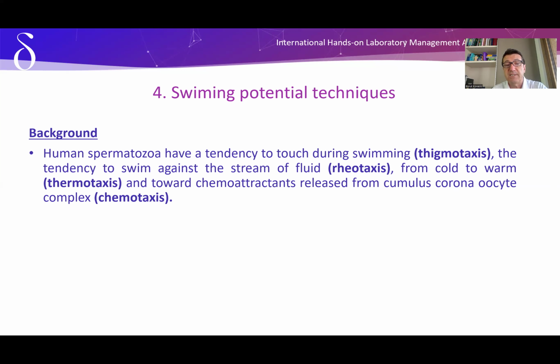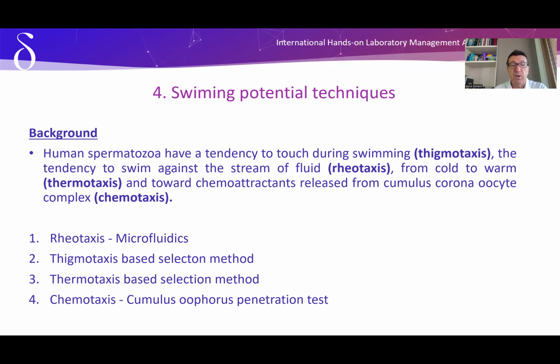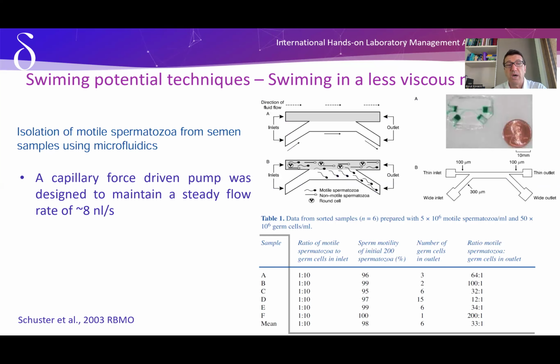This is thermotaxis, and also toward chemoattractants released from cumulus corona oocyte complexes. This phenomenon is called chemotaxis. So there are a couple of methods based on these sperm swimming characteristics, and let's go one by one.